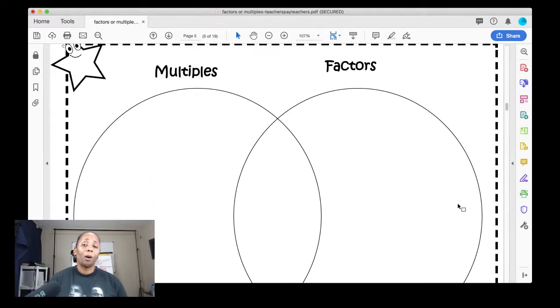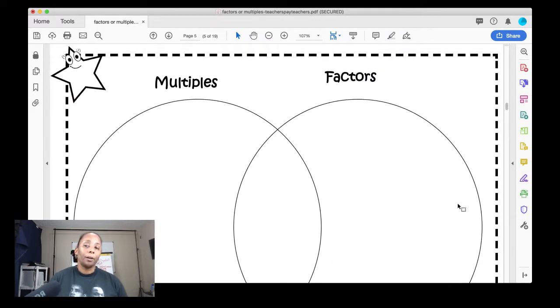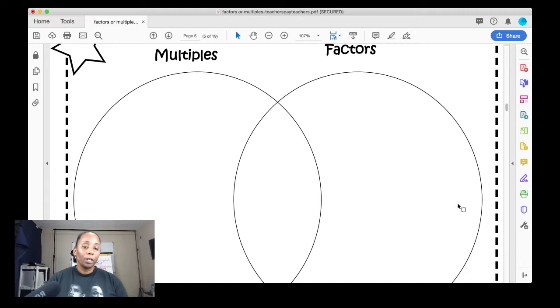Then we have our Venn diagram. So this is another way to get your students to understand what is a factor or multiple, and what are the differences and some similarities.